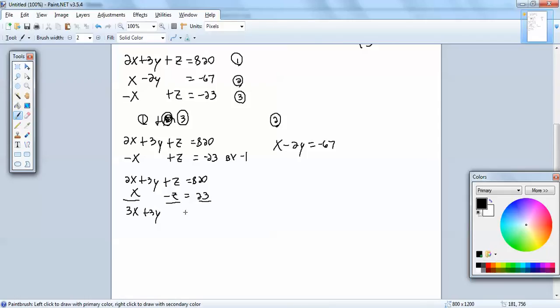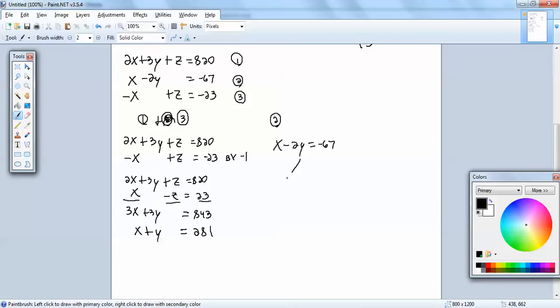Z minus z drops away. And was that 843? Now everything appears to be divisible by 3. So we got x plus y is equal to 843 divided by 3, 281.